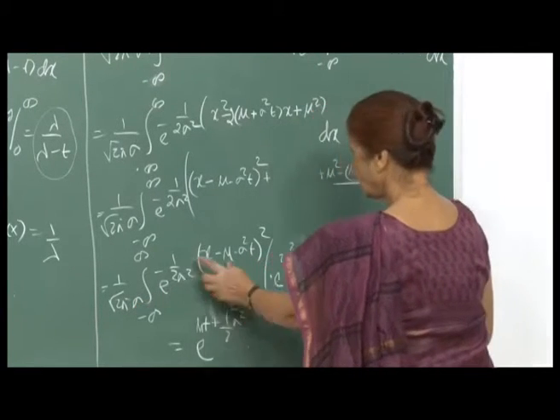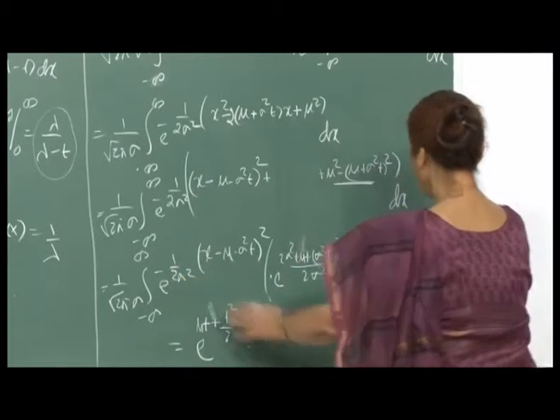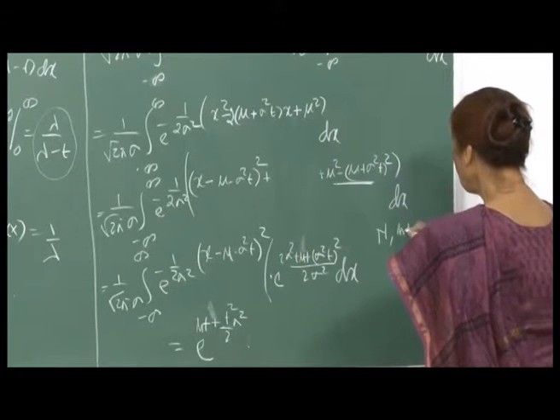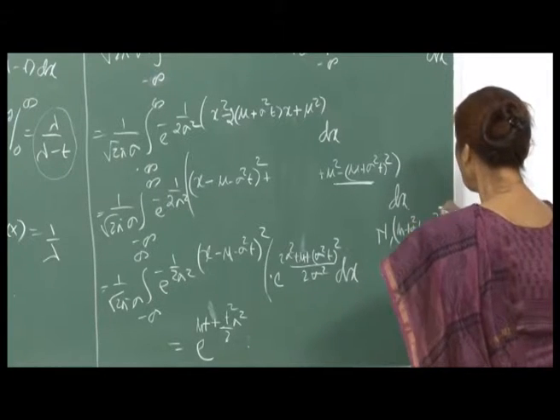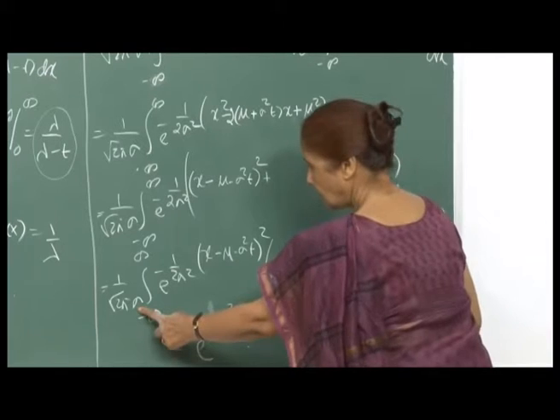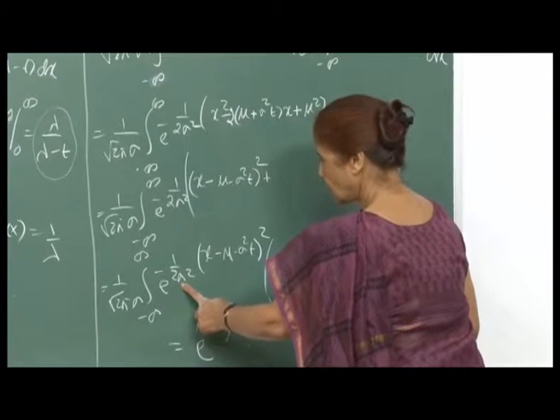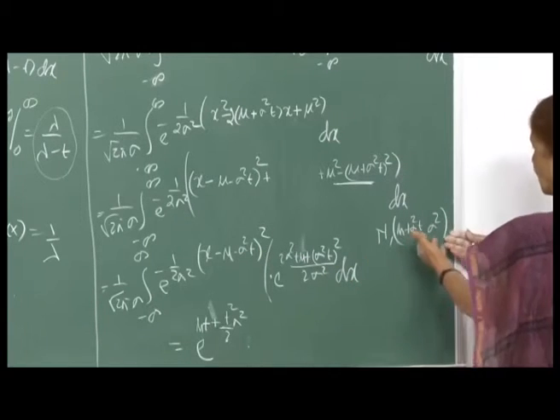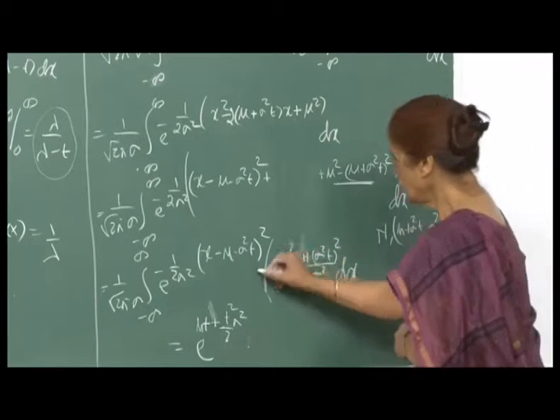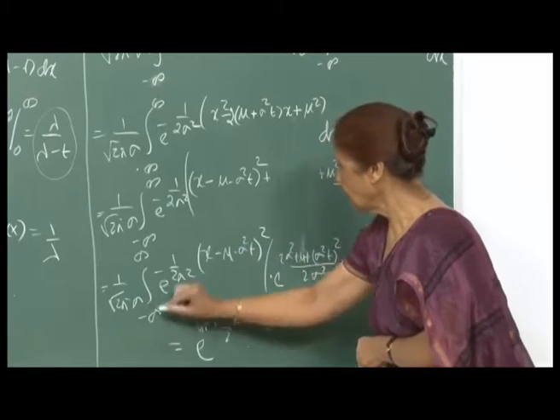So this is a PDF of a normal with mean mu plus sigma square t and variance sigma square. The variance does not change. This is under root of sigma square and this is 2 sigma square. Only the mean has shifted from mu to mu plus sigma square t, and therefore this integrates to 1.